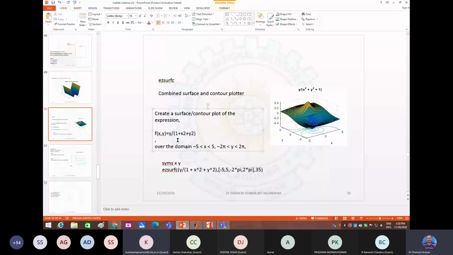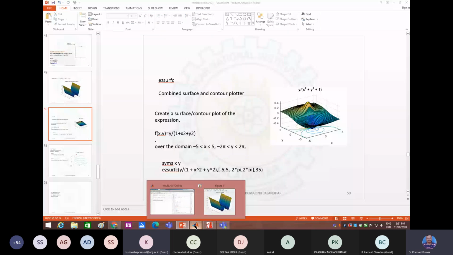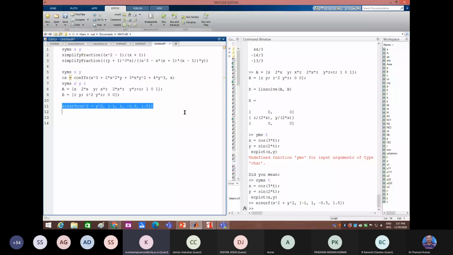You can write the equation and variations. And this 35 is the interval between these axes. Let us try the same which we have discussed just now. Let us write the C here, ezsurf, whether it will work or not, let us check.